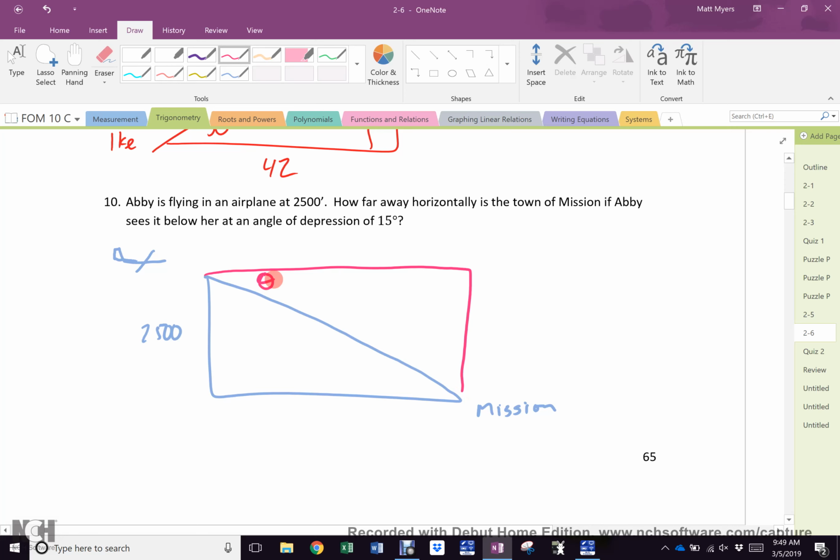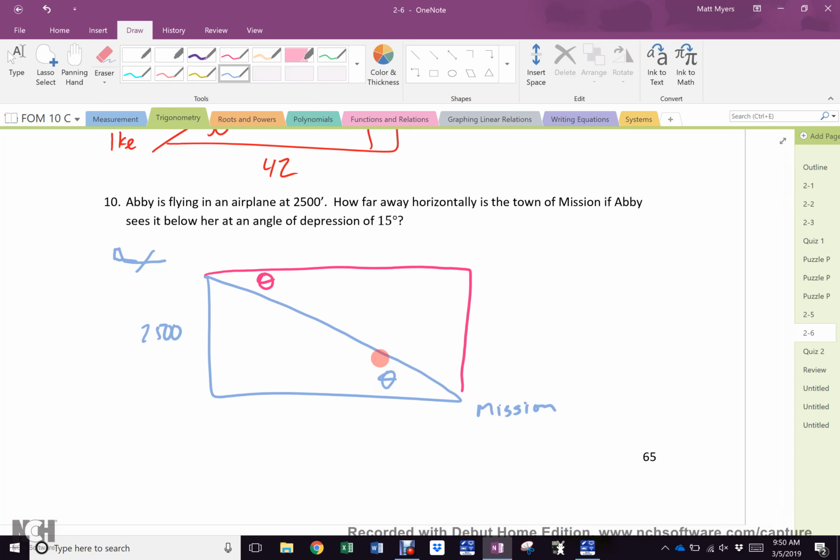But if I drew the triangle wrong, and I know anything about math, what is that? That is going to be the same value as theta, because the angle of depression from up here is always equal to the angle of elevation at the other end, both of which have been shown to you in previous notes.